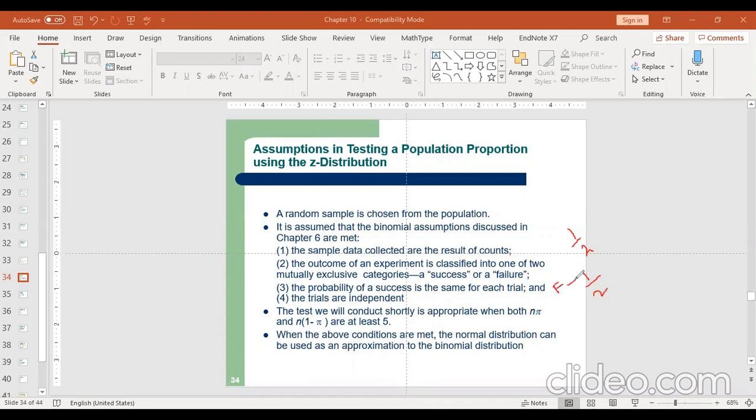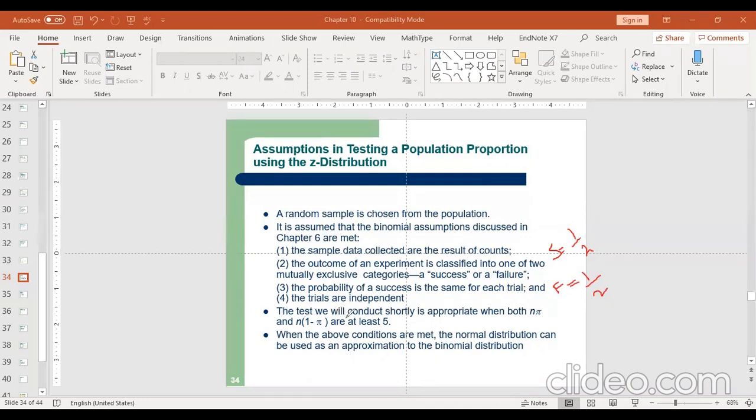So these are two possible outcomes, and these two outcomes have an equal chance to occur. The probability of success is the same for each trial. This is the same thing which I have already discussed. And trials are independent, so trials do not depend on each other.